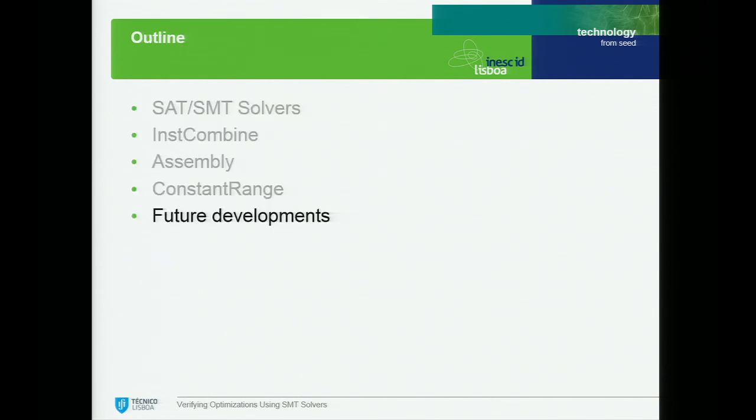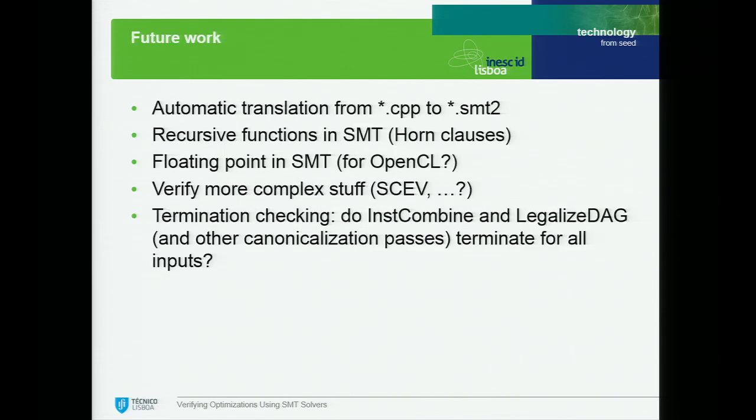Okay, so let me just share some of my thoughts for the future. Of course, we'd love to have automatic translation from C++ to SMT, right? And it's not actually very difficult because you saw that there is a mechanical translation from the C++ to SMT. So we could have some front end that knows about LLVM code and how it is structured and just transform automatically.